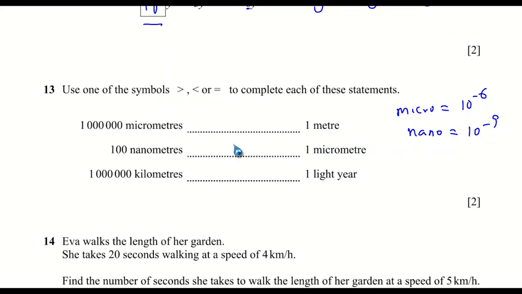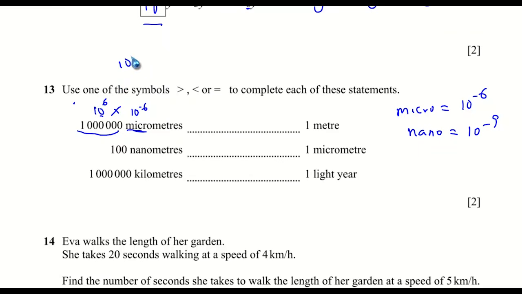So now let's take these two. If you replace micro with 10 to the power of negative 6, and this one is 10 to the power of positive 6, and you multiply them, you combine these two together.